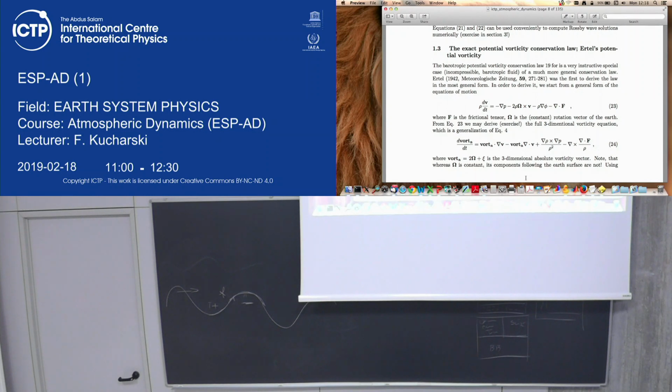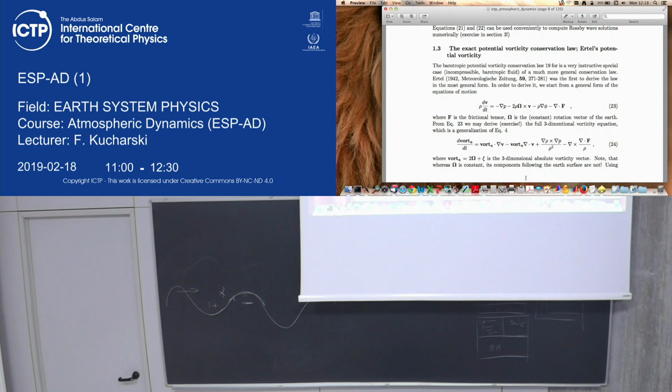Now, from this equation we can derive the equation for the absolute vorticity in a generalized way. You will do this as homework. Of course, you have to apply the three-dimensional rotation to this equation and do careful manipulation of that equation. The final result is this.